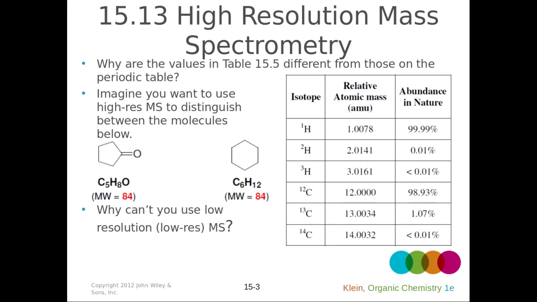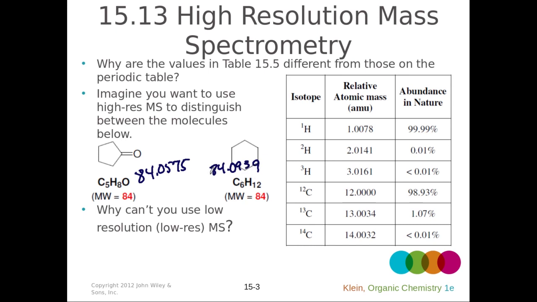Okay, C5H8O weighs 84.0575 AMUs, and C6H12 is 84.0939. So you can get charts that let you cross-reference these different molecular formulas.